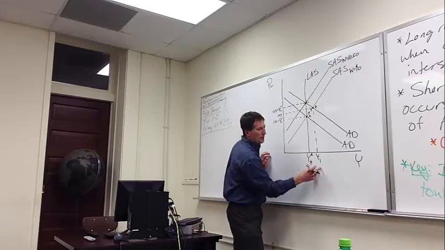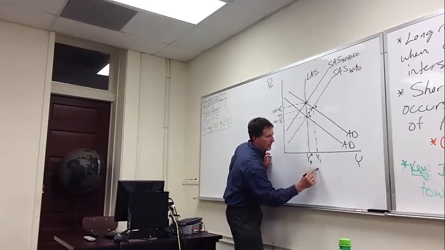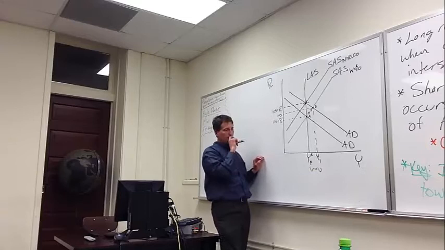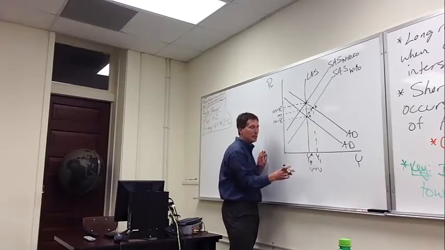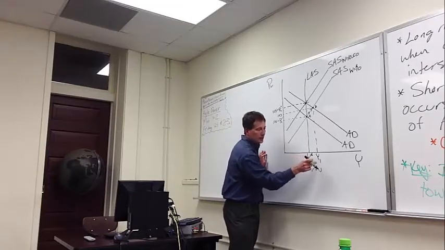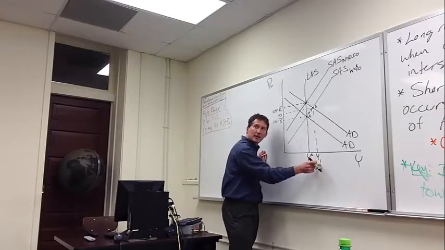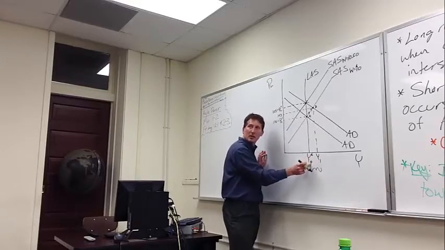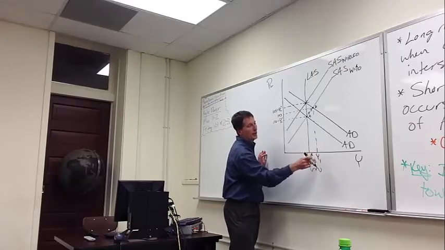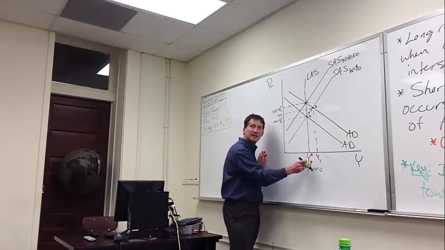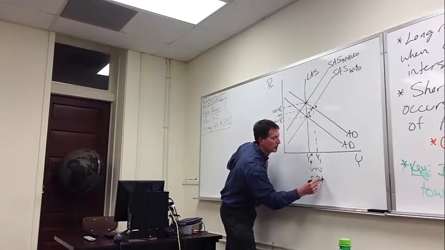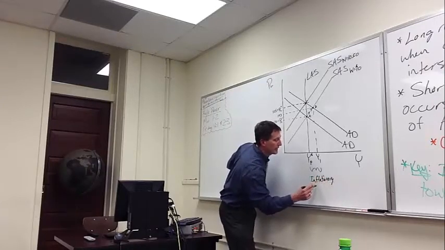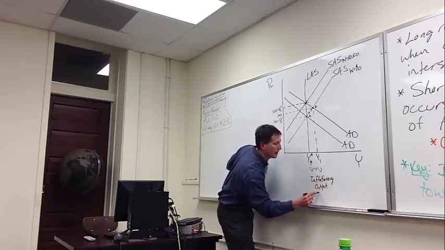Okay, this has a special name. This is a gap. It's called an output gap in general. Whenever the current state of the economy is different than what we expect it to be in the long run, there's a gap. And in this case, when the current level of output exceeds the potential level, it's called an inflationary gap, an inflationary output gap.